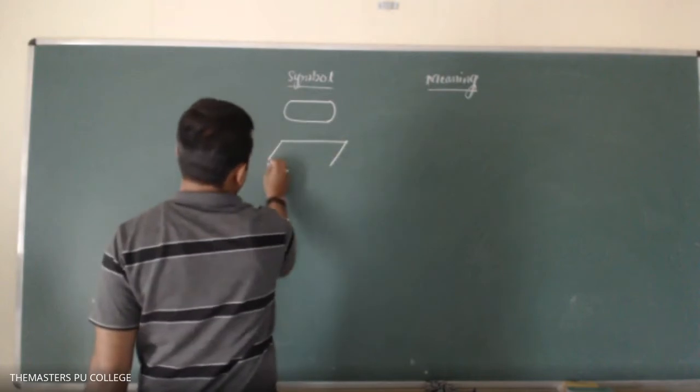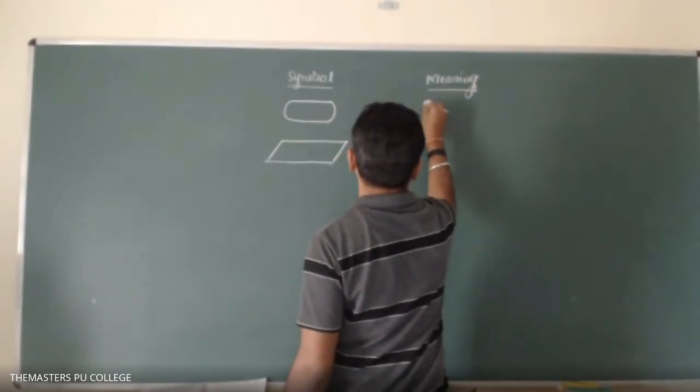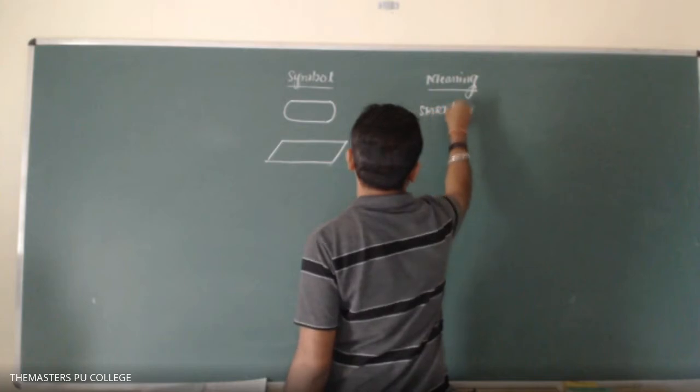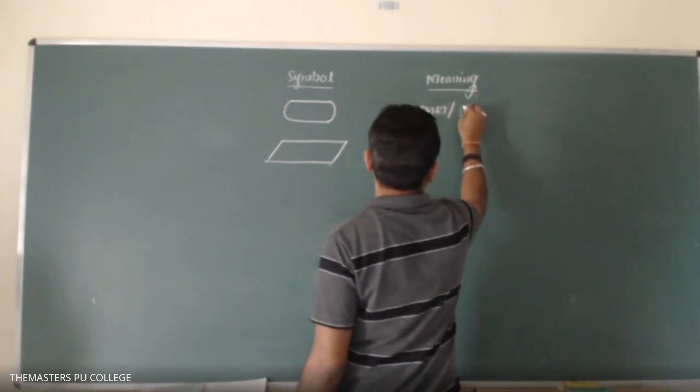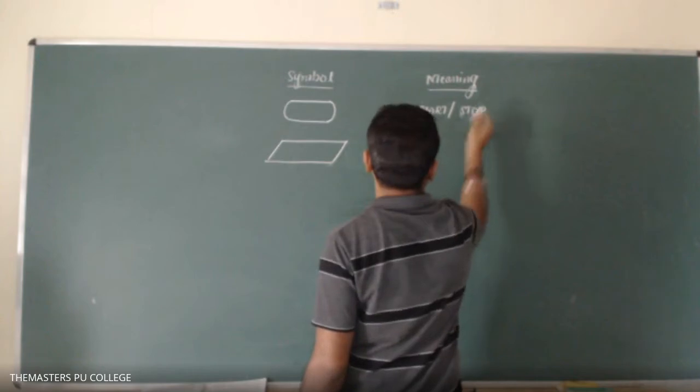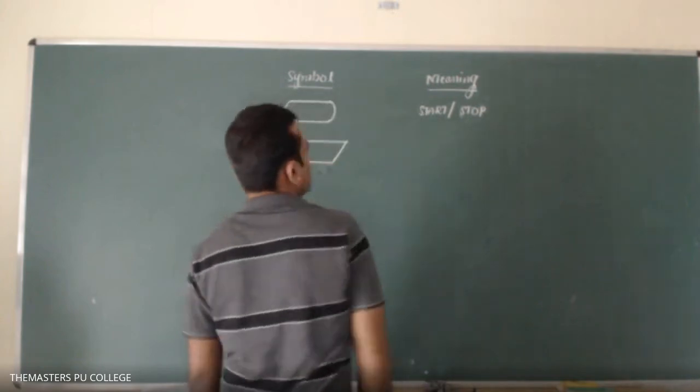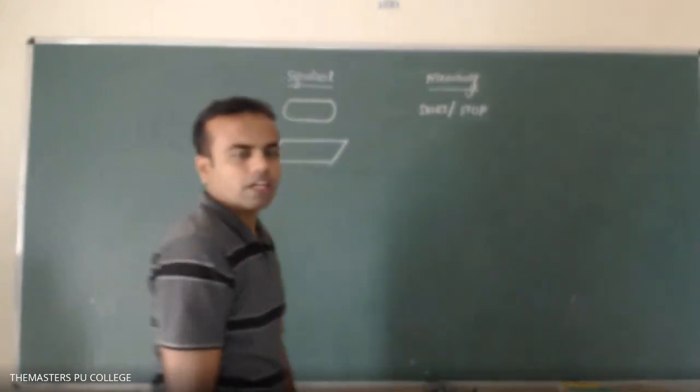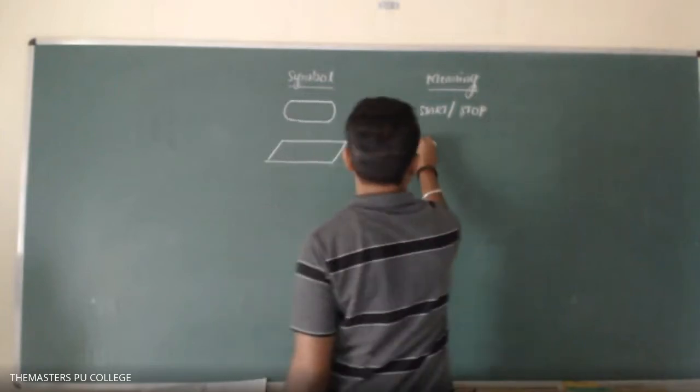Rectangle. Okay, so this is the oval shape. It indicates the start and stop, the beginning and end of the flowchart, right? And then this parallelogram represents input and output.